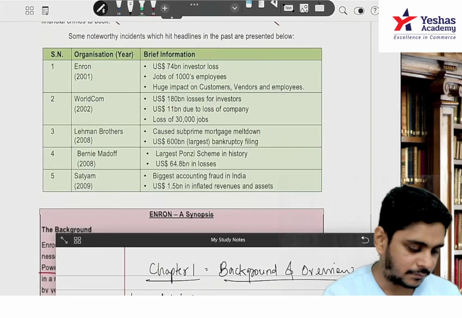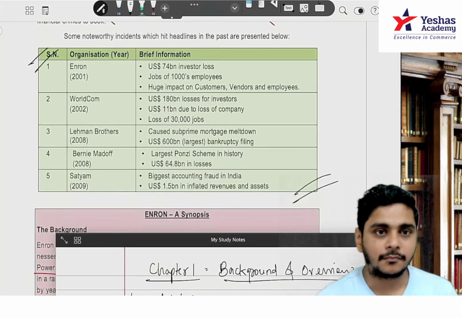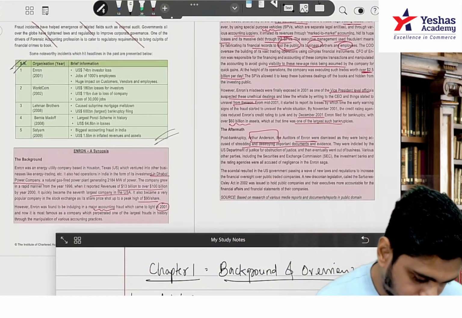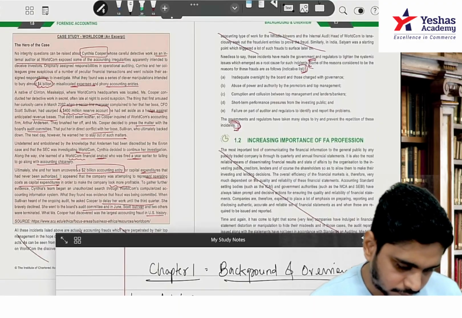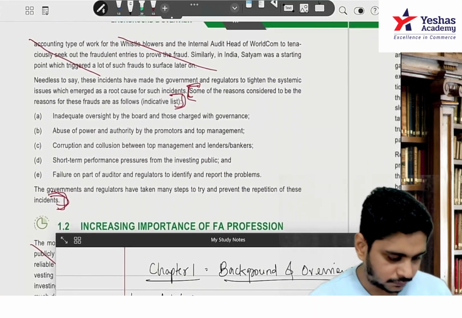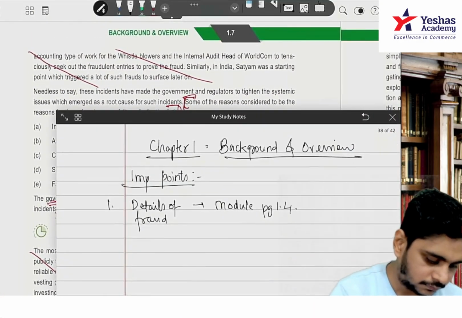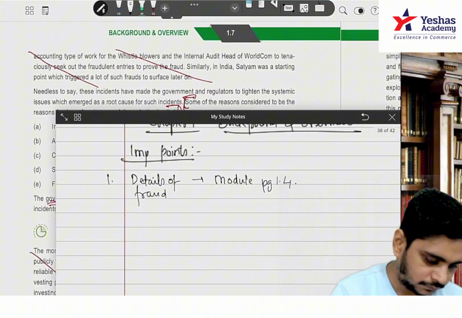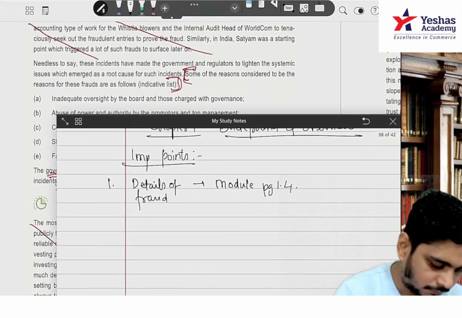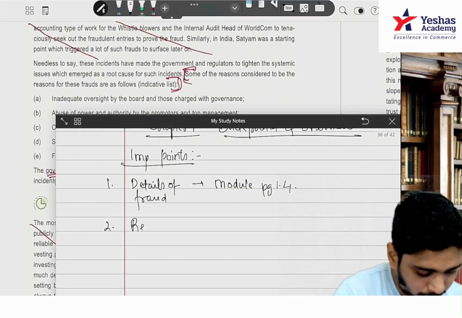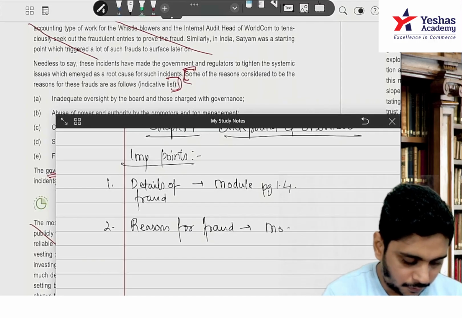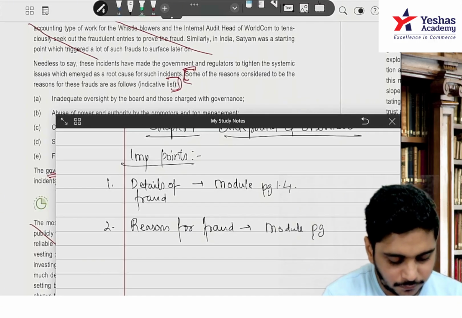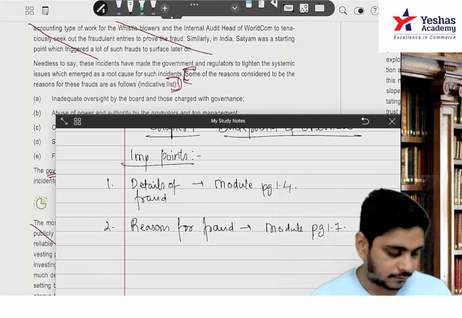This table basically. Number 2: Reasons for fraud, module page 1.7.